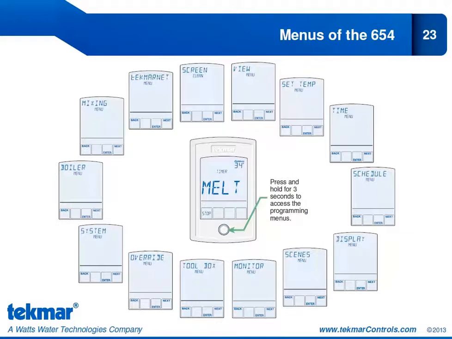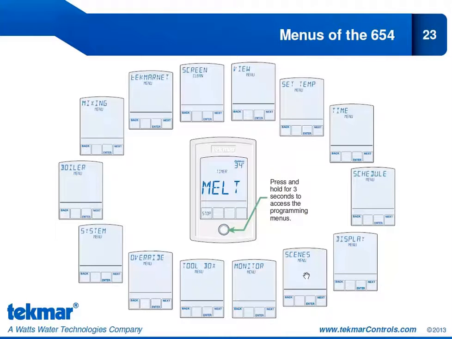Here are the menus of the 654. You can see there are quite a lot of them. We have the View menu, where we can see the operational data from our system. Set Temp menu, where we can configure our operational temperatures. The Time menu. Schedule menu. The Display menu, where we can customize the home screen of the 654.